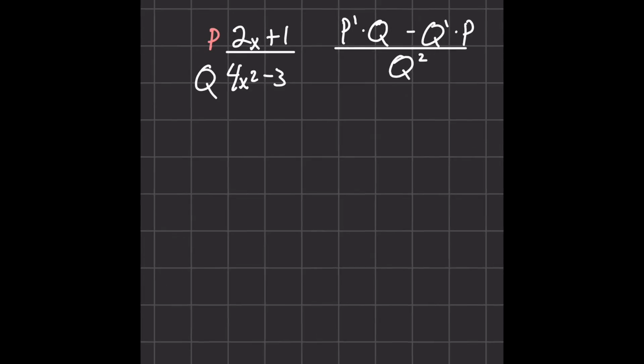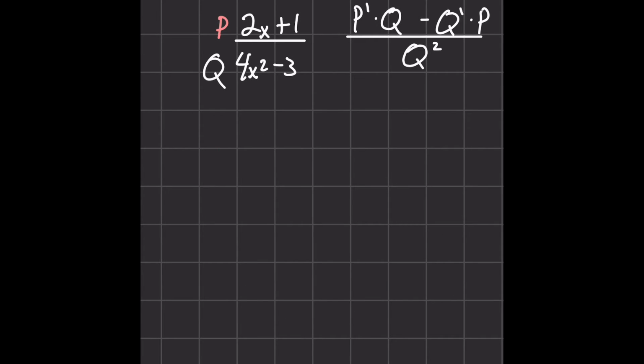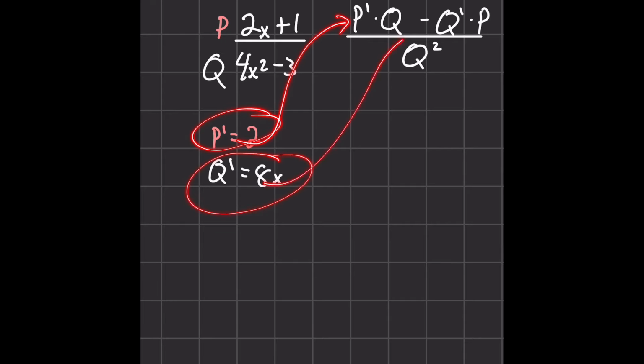Now that we have established that, let's find the derivatives. P prime is 2, and q prime is 8x. Allow me to correct myself, p prime is simply 2. Alright, now what? Well, we plug in p prime, and we plug in q, and we plug in q prime, and we plug in p. Simple enough, right?